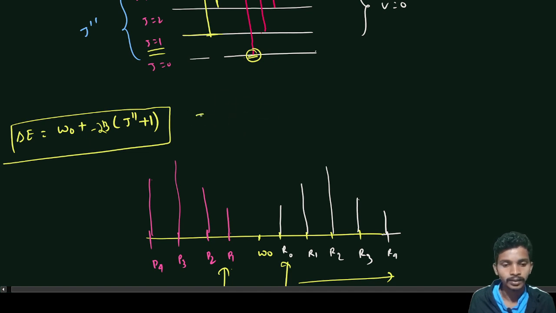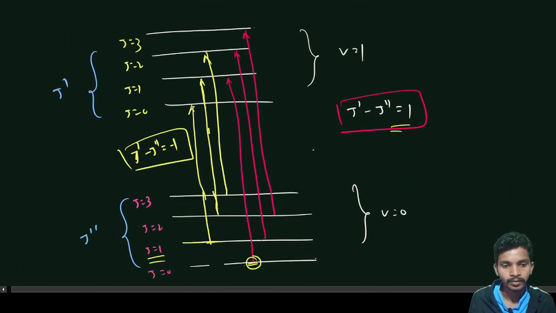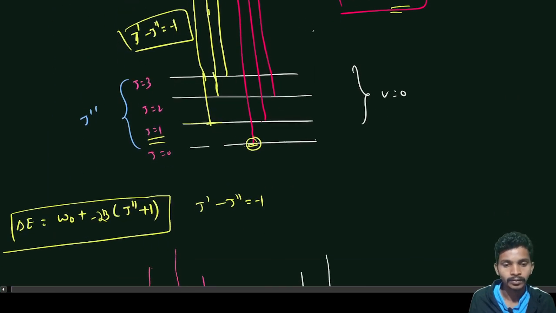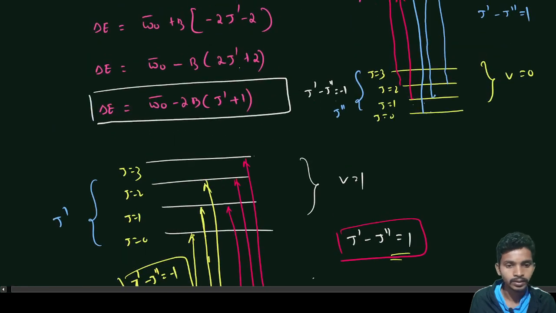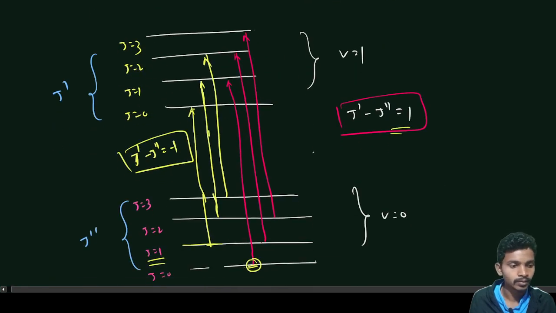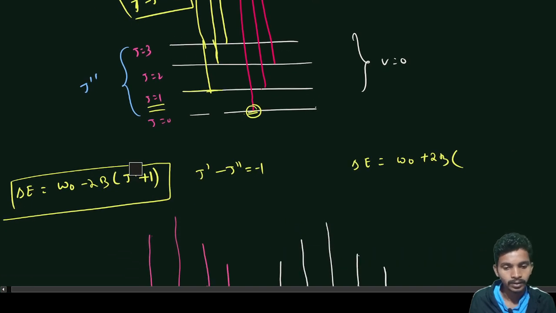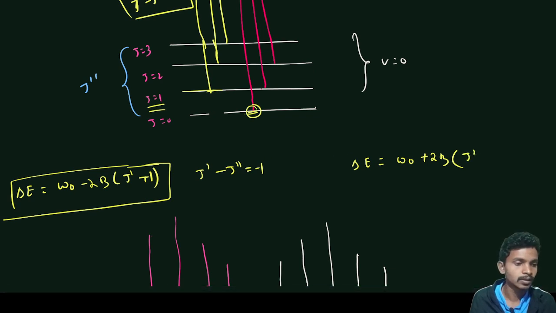This is j dash minus j double dash equal to minus 1, this equation is omega naught minus 2b. Another equation is omega naught plus 2b. Sorry, this is j dash, and this is j double dash plus 1, and this is j dash minus j double dash equal to 1.